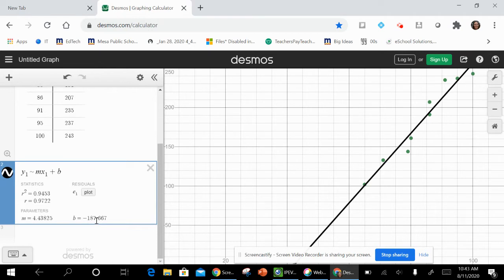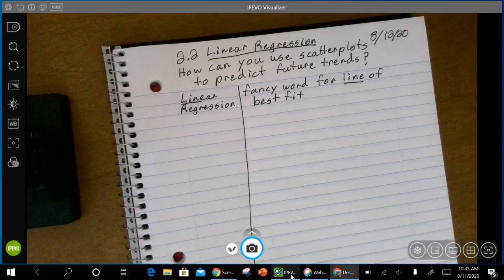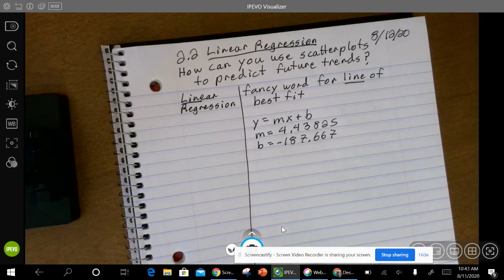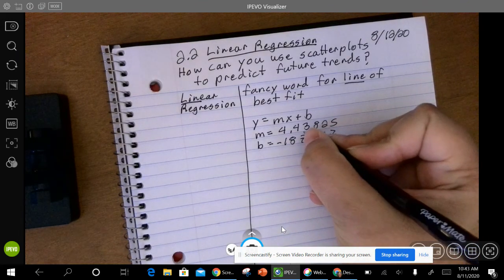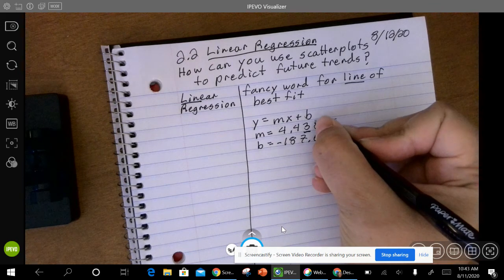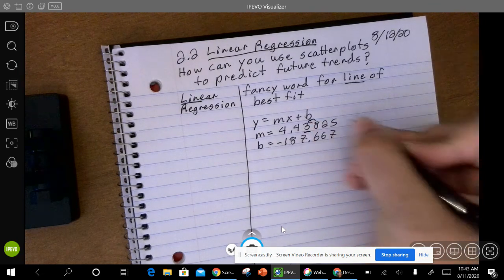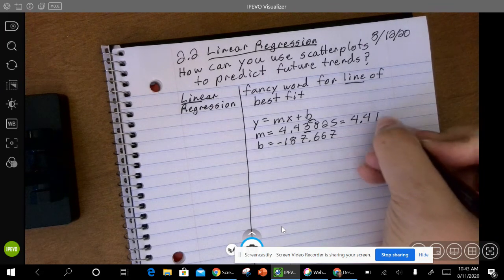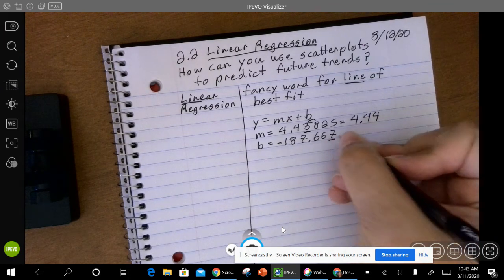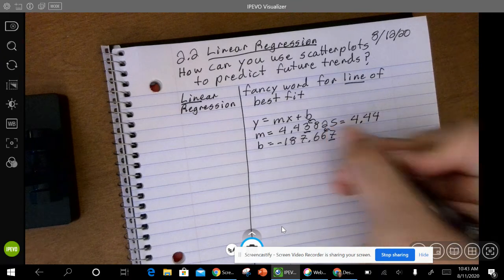I'm just writing those values down, and I'm going to show you how we're going to use those. So we're going to round it. Remember, we're going to round it to the hundredths place, so that's always 2 decimal places. 5 and up, round it up. So we're going to round it to 4.44. We look at the number after, 5 and up, round it up.